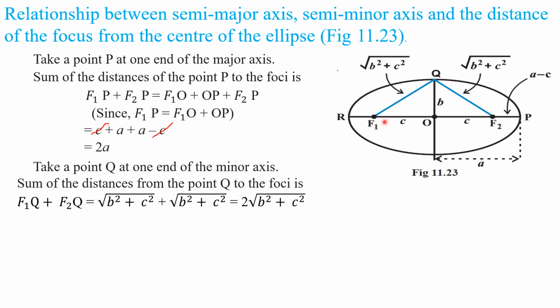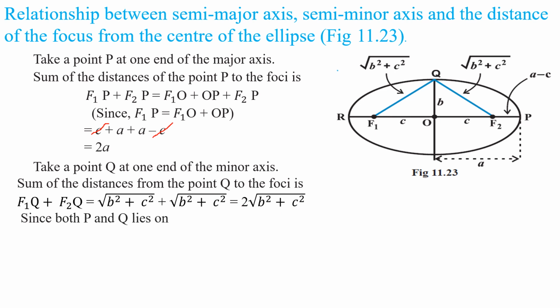F1Q is nothing but square root of b square plus c square. Understood this first term? Plus F2Q, which is also square root of b square plus c square. Understood these two terms? By adding these two terms, what will you get finally? Yes, 2 root of b square plus c square. Understood this statement, children?